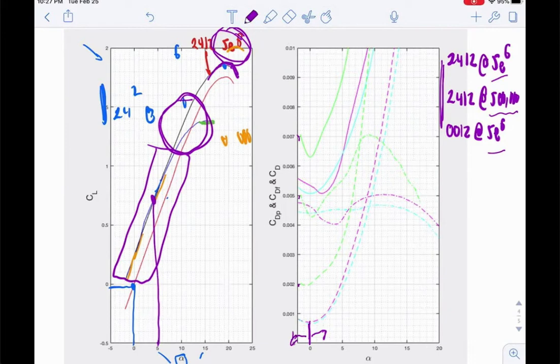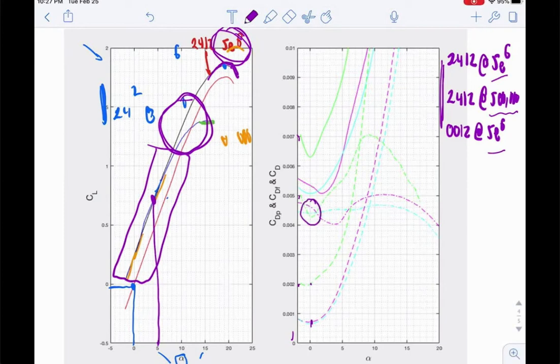And so let's start with looking at these and seeing that down here at low angles of attack, the dominant form of drag that we're going to get is skin friction. So I'm seeing, when I'm looking down at these low angles of attack, these dashed lines here and here are below the dashed dots, which are all clustered in this little zone right here.